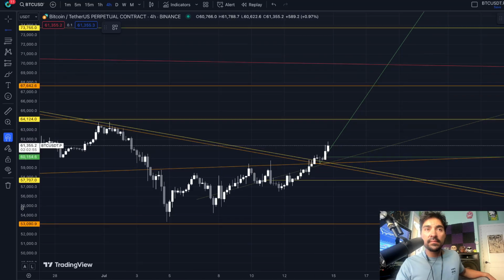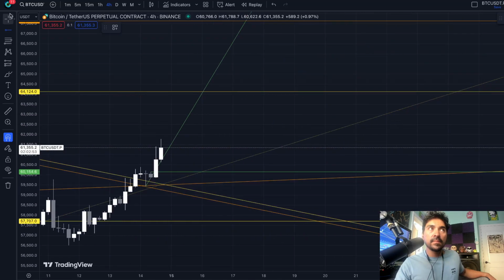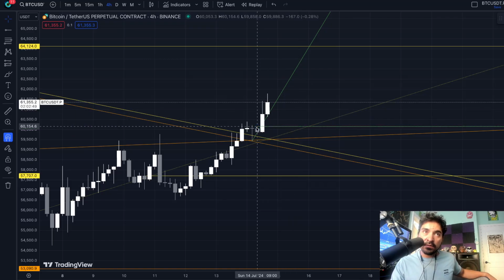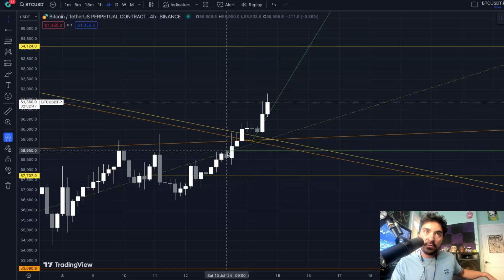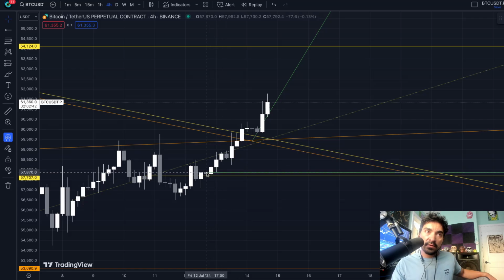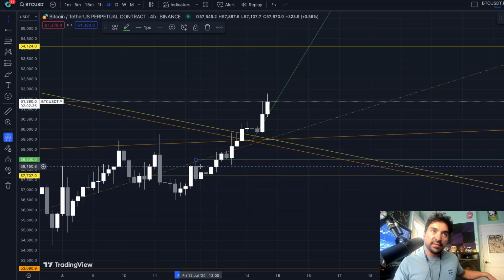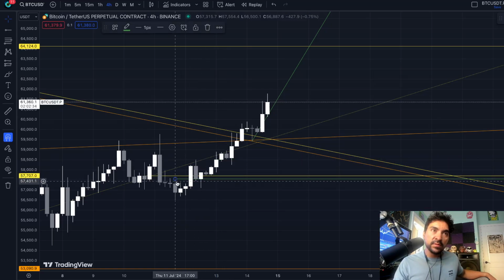Let's see. So we got this one. We have this one. And we have this one. But this backside, oh no, it wasn't tested almost. Yeah, so this area is interesting because this one got tested by here.